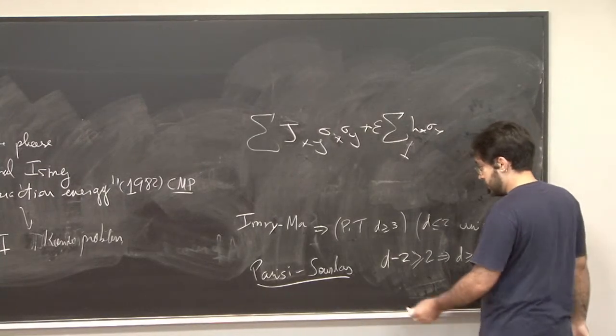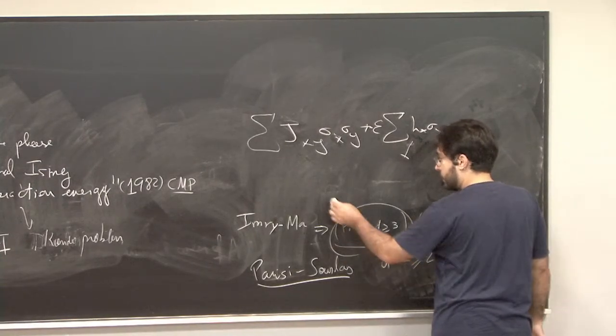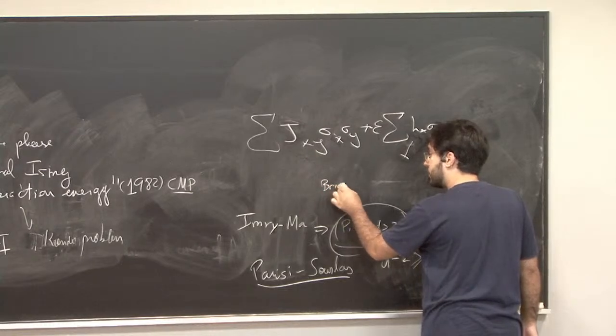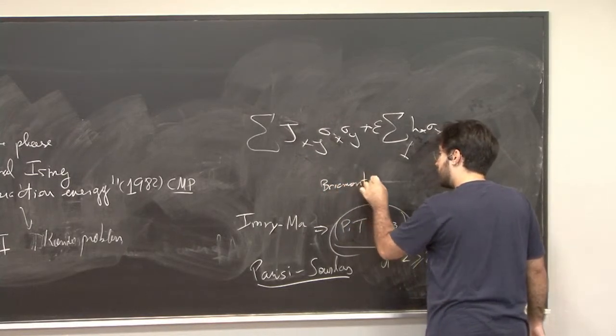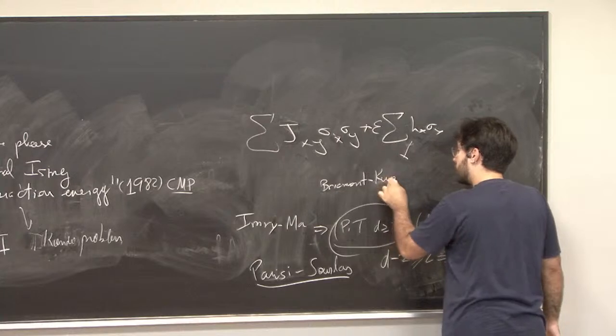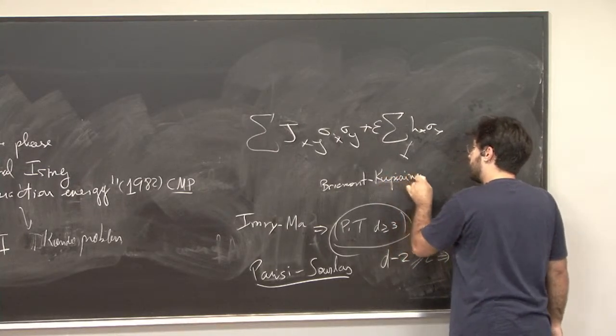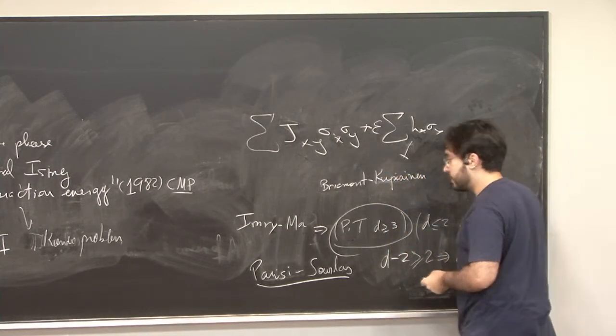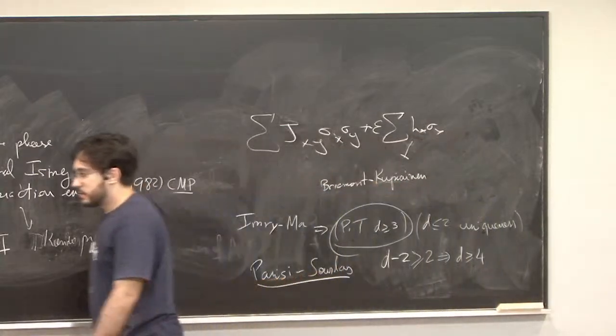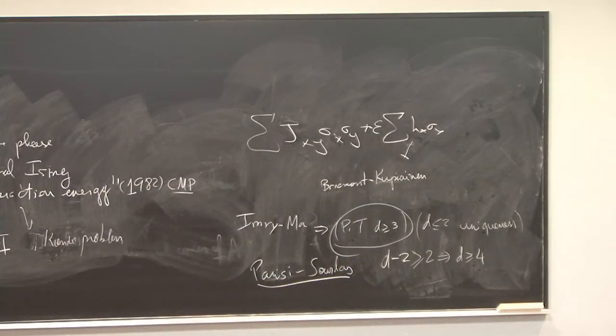In this first one we have the paper by Bricmont and Kupiainen. It's a very famous paper, where they introduced a rigorous version of the renormalization group.